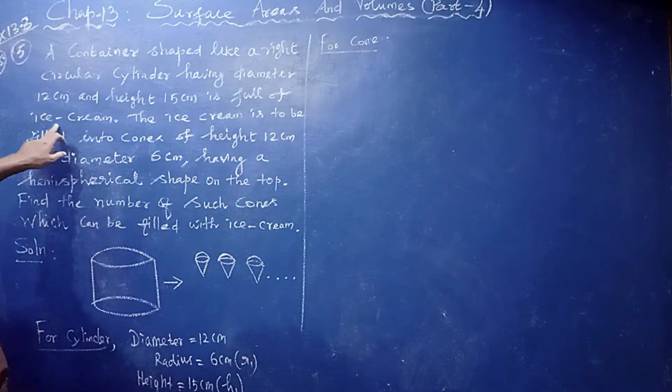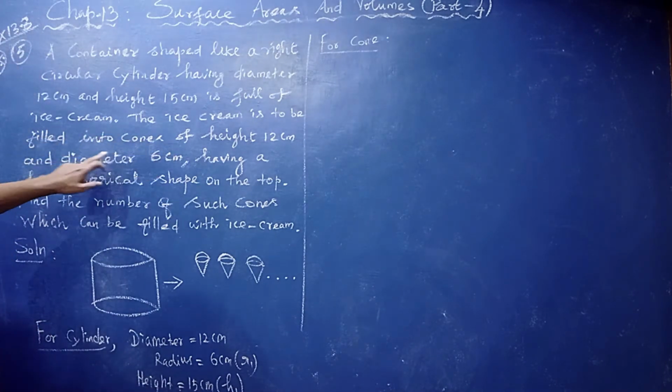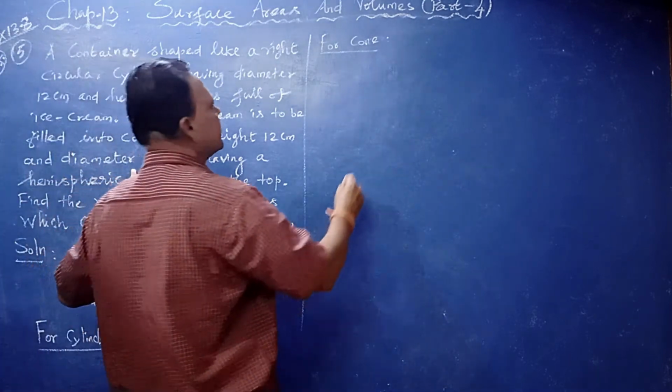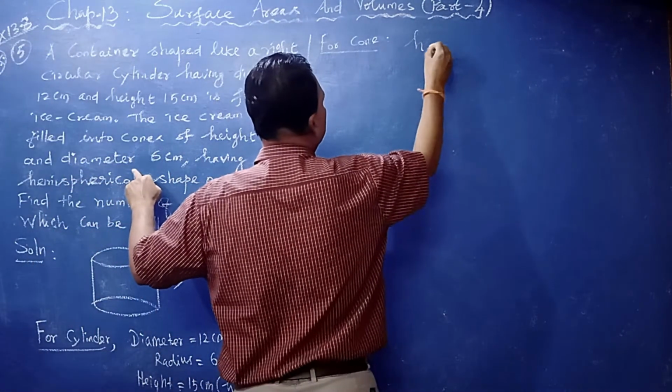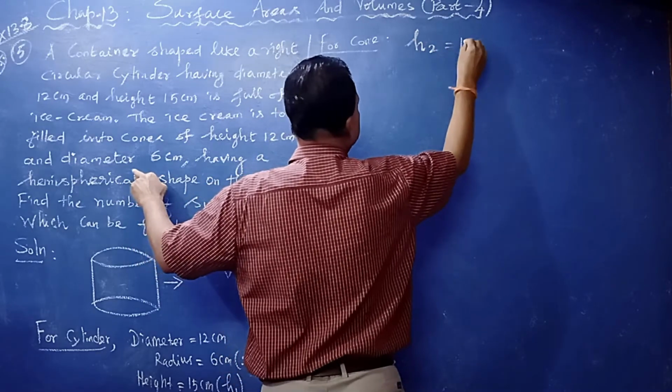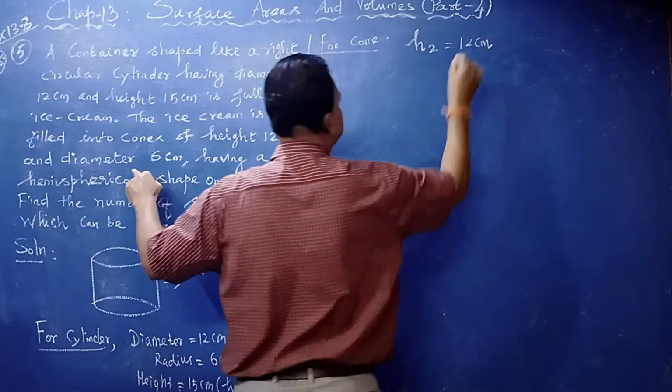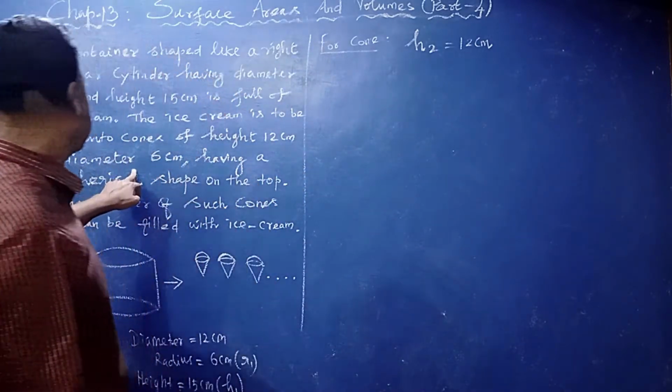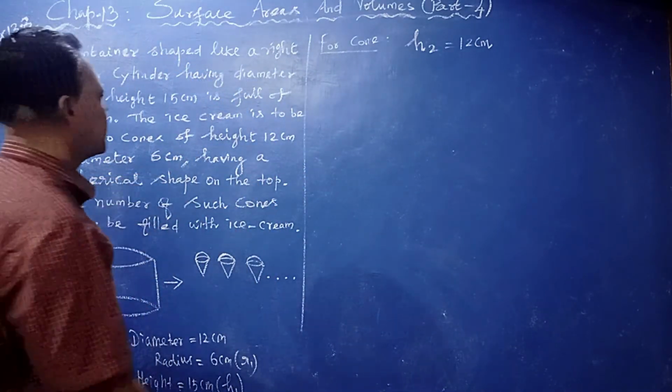Then for the cone, here it is given full of ice cream. The ice cream is to be filled in the cones of height 12 centimeter. H2 you take, that is 12 centimeter, and diameter 6 centimeter.